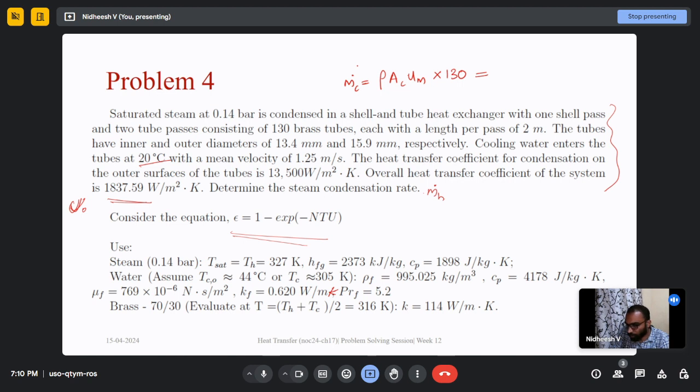So let's calculate that. Density of water 995.025 multiplied by area of cross section would be, where is the area of cross section? Okay, yeah, 13.4 millimeters, multiplied by the velocity is 1.25.